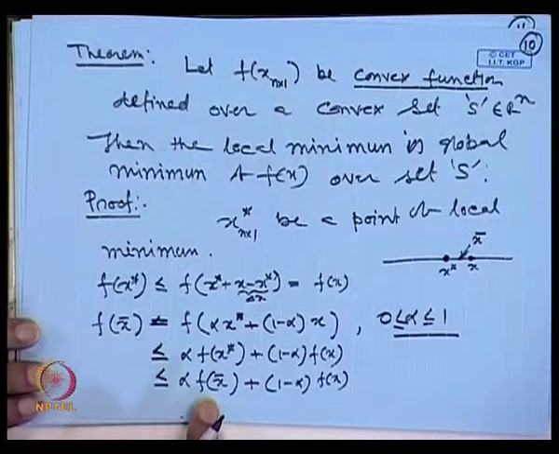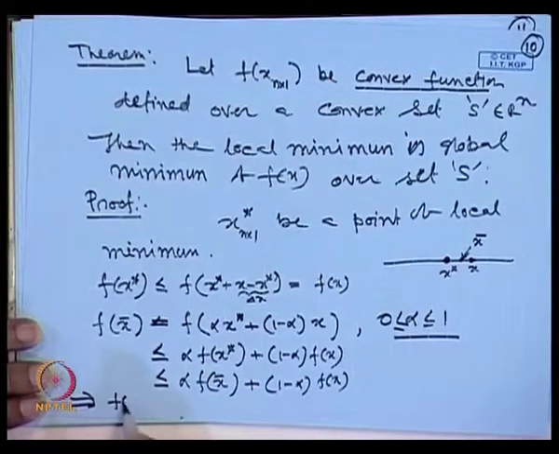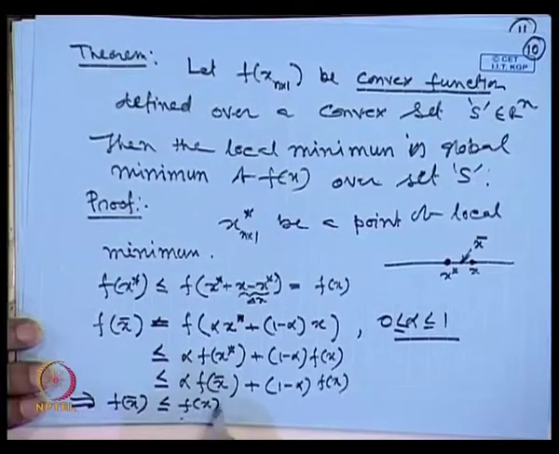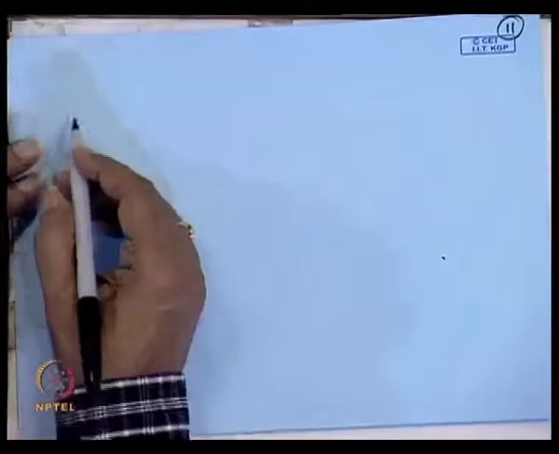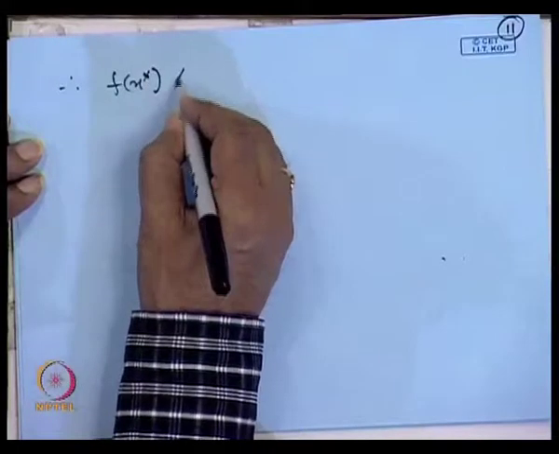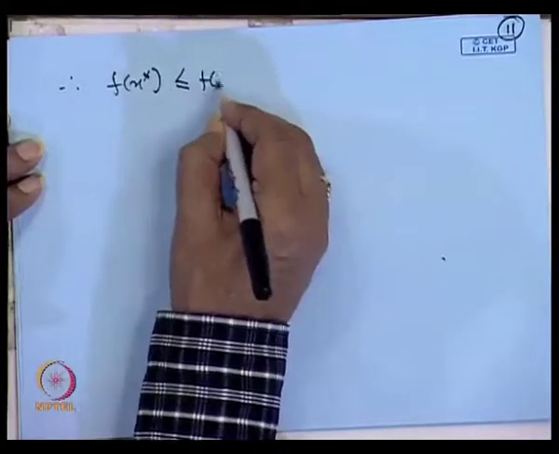Taking this quantity to that side, this implies f of x star is less than or equal to f of x. This we have shown.